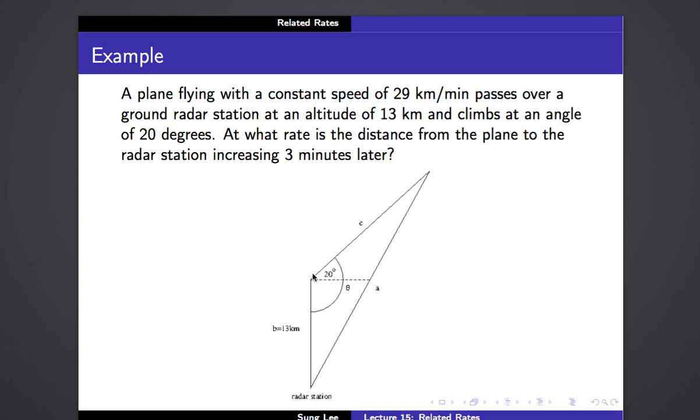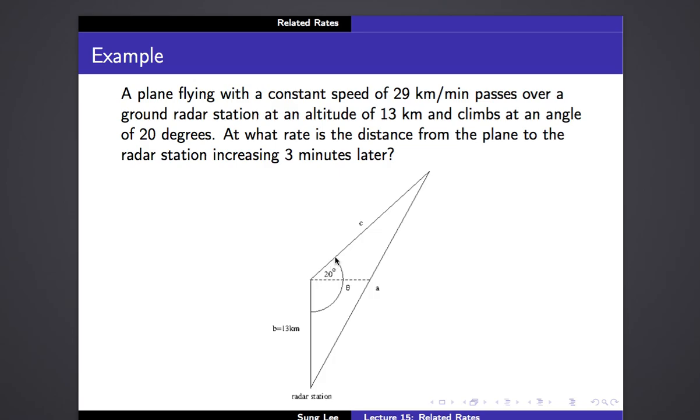The 20 degrees tells you the airplane increases its altitude by 20 degrees once passing the radar station.